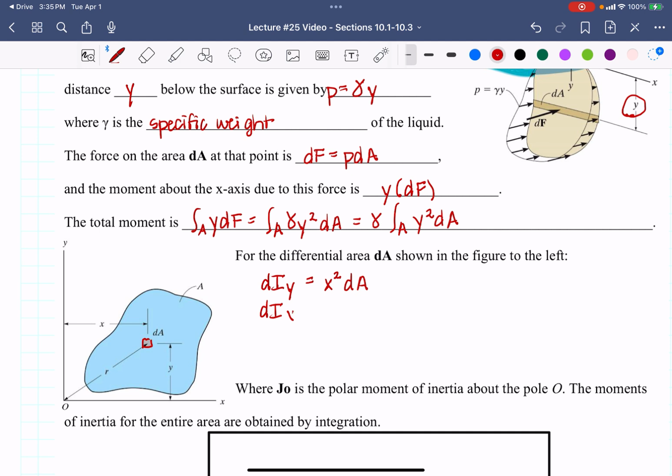For the differential moment of inertia about the x-axis, it is equal to y squared times dA. This is kind of using our moment arms. And then I'm going to introduce something new called the polar moment of inertia. And it is equal to the integral over A of r squared dA.